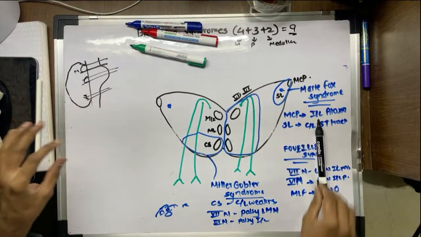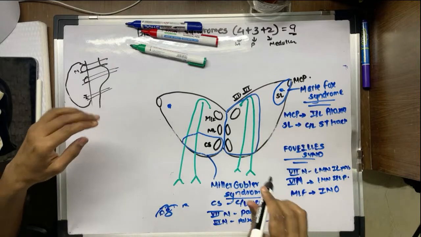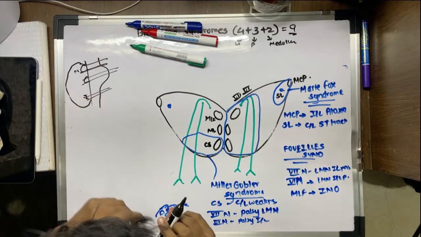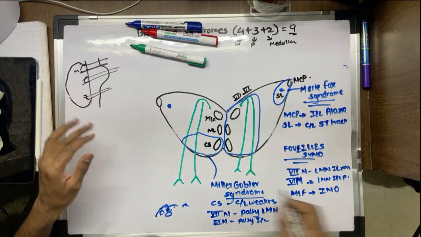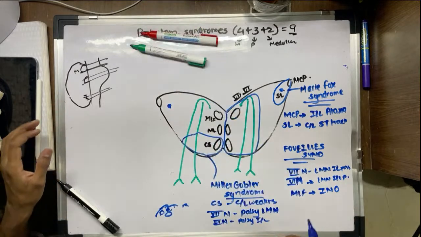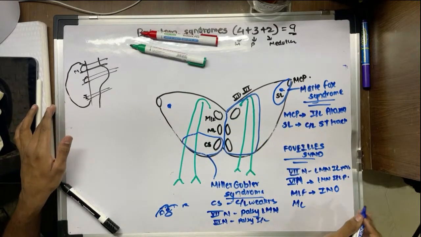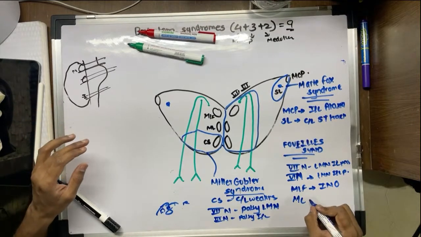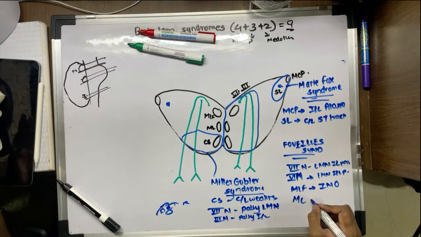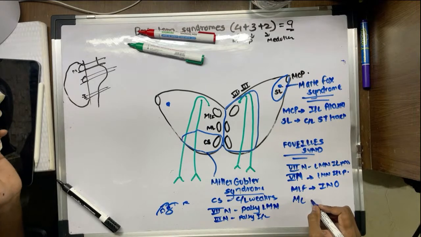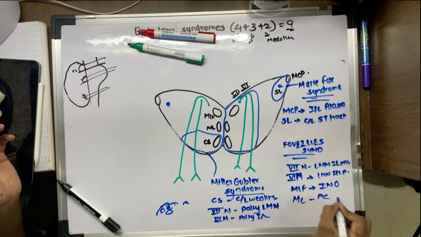So these are the 3 syndromes. MLF is called, obviously, internuclear ophthalmoplegia. Now the medial lemniscus. Medial lemniscus is basically for posterior column loss.